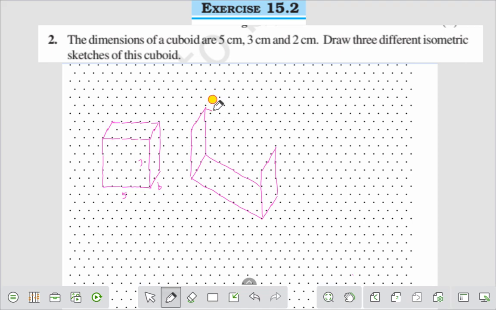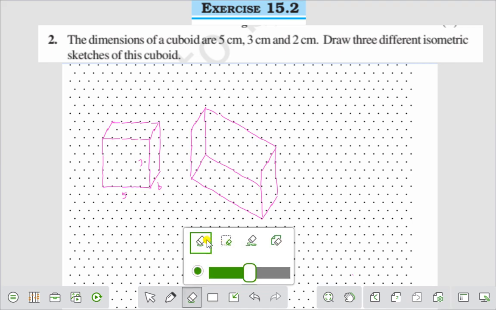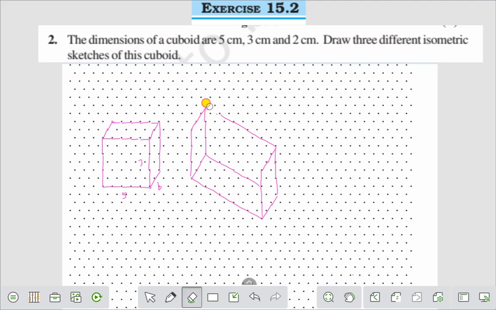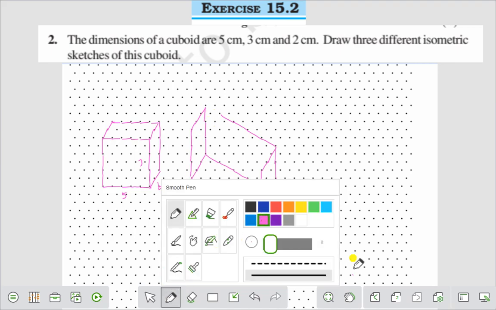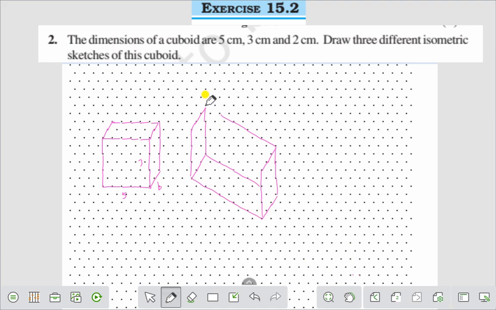Now if this one is 1, this one is 1, 2, 3, 4 and 5, right?